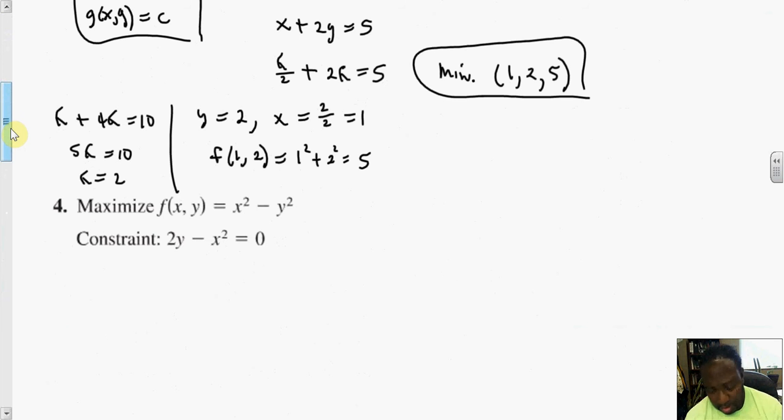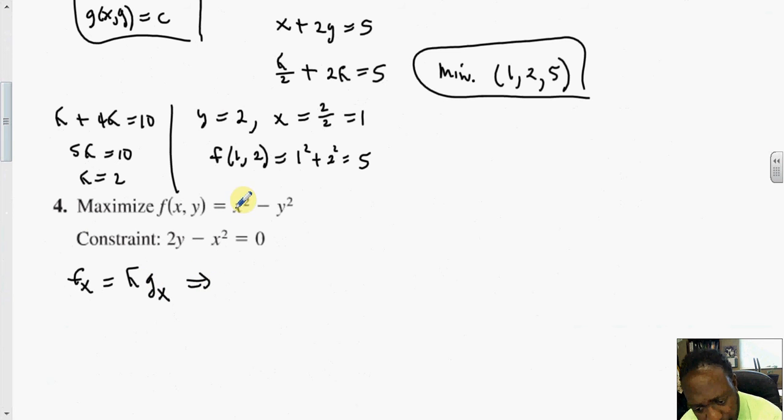They're all done in the same fashion. So the partial of f with respect to x is equal to lambda times the partial of g with respect to x.